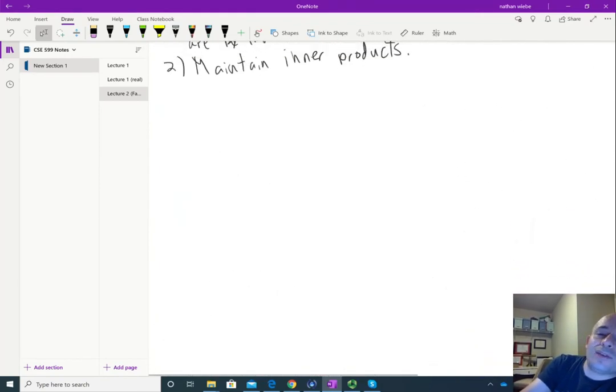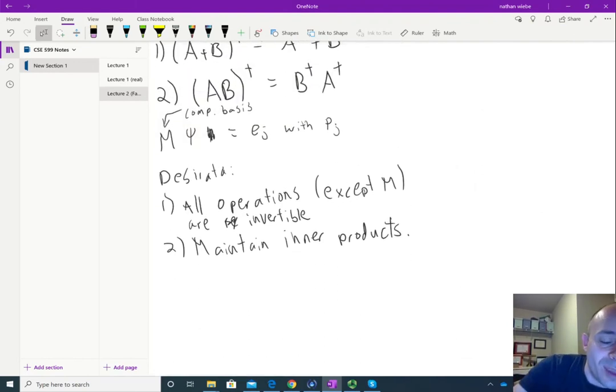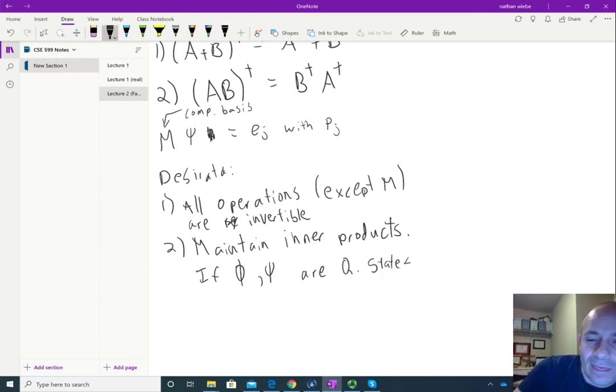And we would like to have the generalization of that property, i.e. what we'd like is for two individual quantum states, phi and psi, and again, they're quantum states if their length, as in their inner product with themselves, squared, is equal to 1.